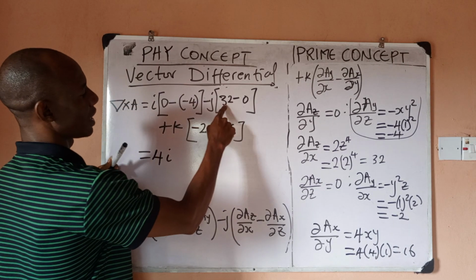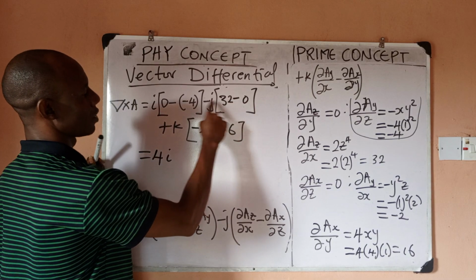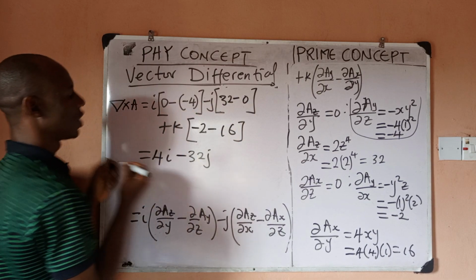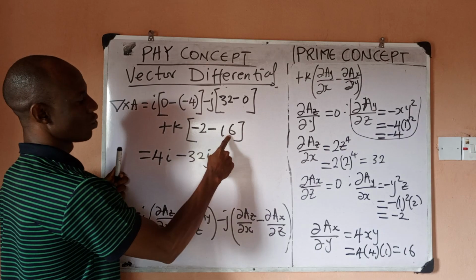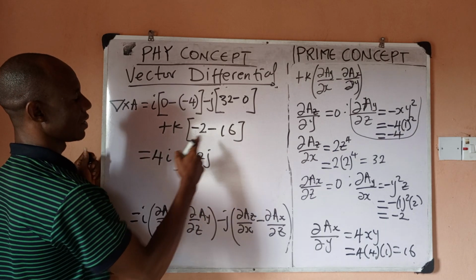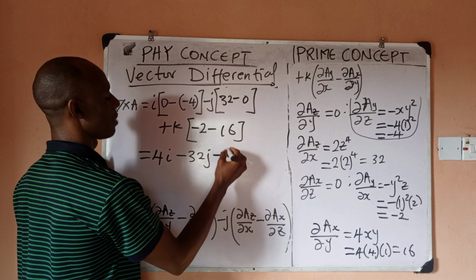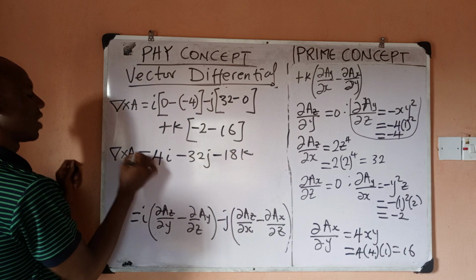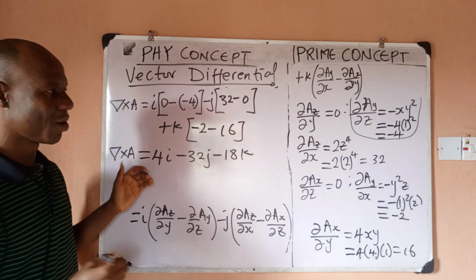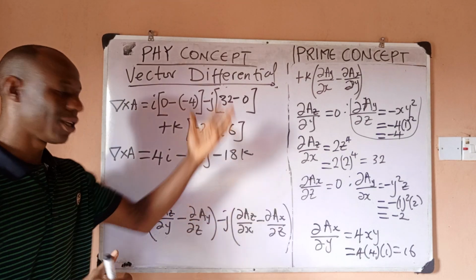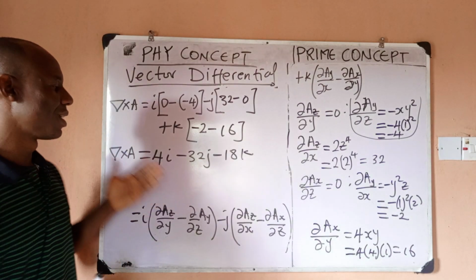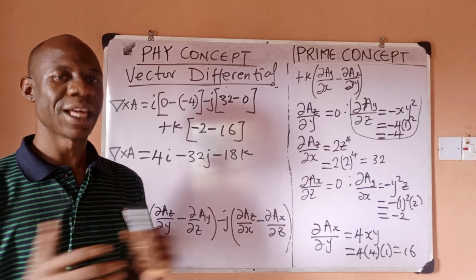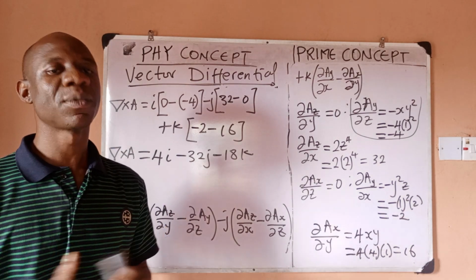The same way, 32 minus 0 is 32, times minus j is minus 32j. Same way, I have minus 2 minus 16, which is minus 18, times k, so minus 18k. So I've been able to successfully get the curl of that vector. You can see it looks long but very simple.